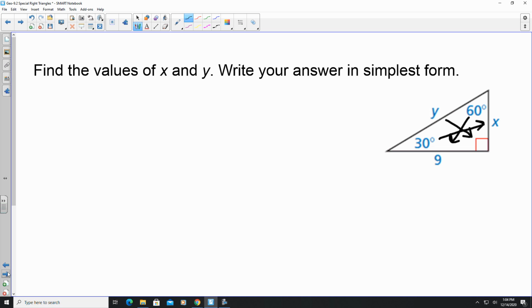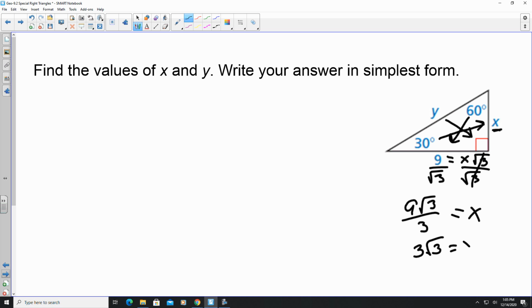So in this instance, this value here is x times the square root of 3. To determine x, you first divide both sides by the square root of 3. So x is going to be 9 times the square root of 3, all divided by 3. That's actually 3 times the square root of 3 equals x. That's where we get our value for x.